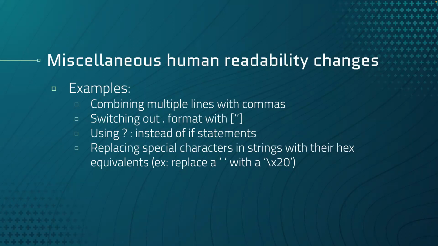Another common thing is switching out the period format for, I'm not sure what that's called, but it's brackets with quotes in between. That's actually a really weird syntax that I don't think any other language has except JavaScript. The reason JavaScript allows you to do that is because every object is technically also JSONable, and you're able to call certain attributes and properties using that.